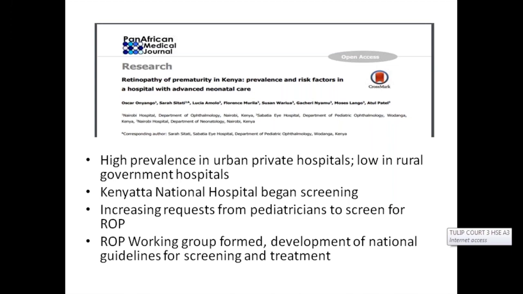This was a group of ophthalmologists, both in the pediatric and retina specializations, together with neonatologists who came together to basically develop national guidelines for screening and treatment of RoP. And this initiative was supported by the College of Ophthalmology and was supported also by the Ministry of Health and other partners.